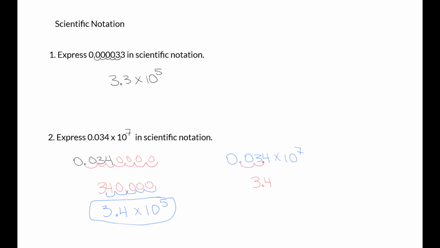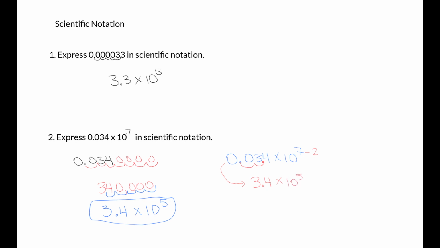So this is the way that I think about it. I'm going from a small number, 0.034, to a larger number, right? So if my base number is getting bigger, my exponent needs to get smaller. So I'm going to say -2 because I moved 2 decimal places. So this would be times 10 to the fifth.